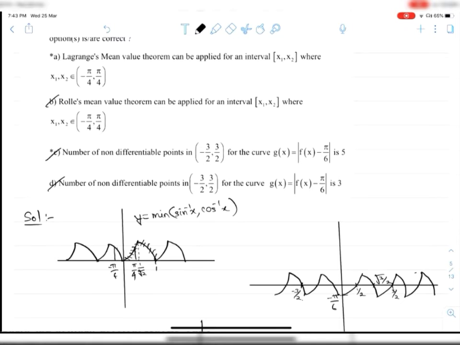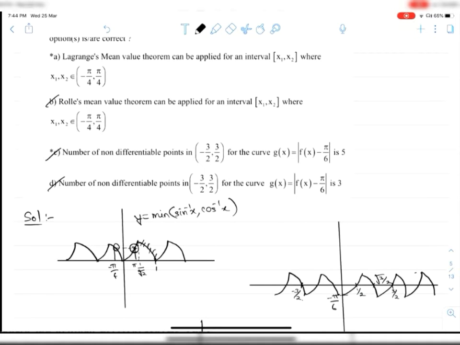That is, I can take some alpha to beta and use LMVT because it is continuous and differentiable in that interval. But in order to find out whether Rolle's theorem is applicable or not, I'll take any two values. Say I'm taking these two values, whose functional values are equal.